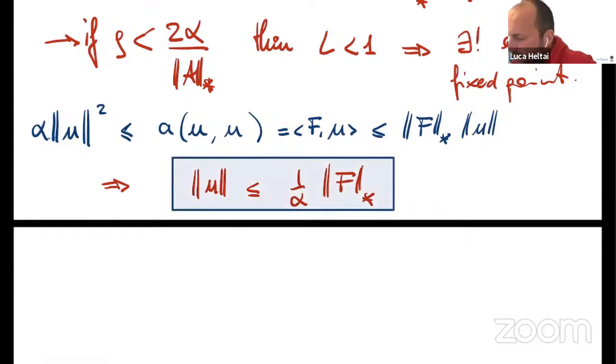And this only requires coercivity here and the fact that F is a linear operator in V prime. Questions so far?